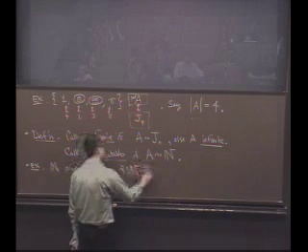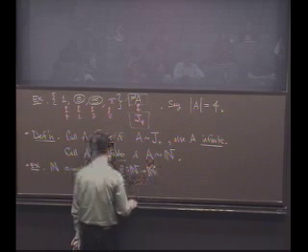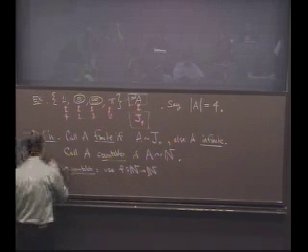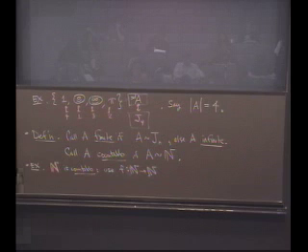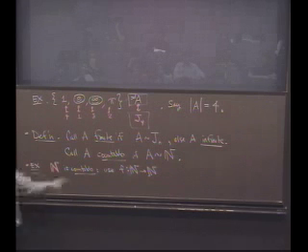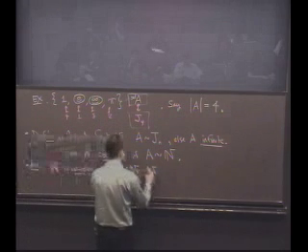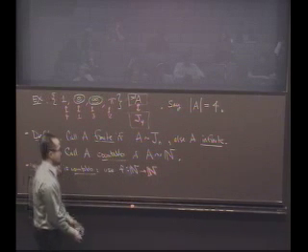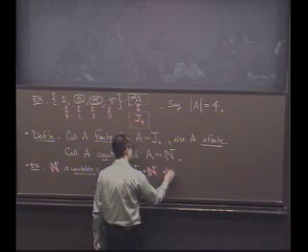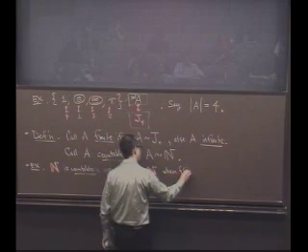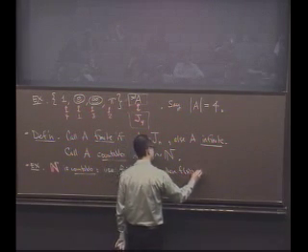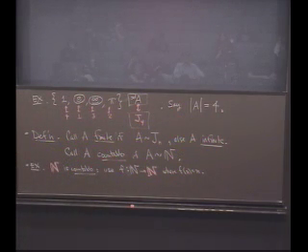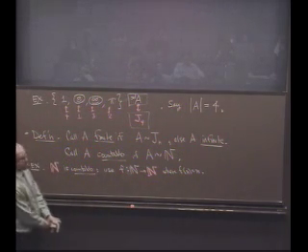I'm claiming that N is countable, which means I can find a bijection between the natural numbers and the set N. So F of little n is what? Itself. That was not hard. N itself is countable. Love that.